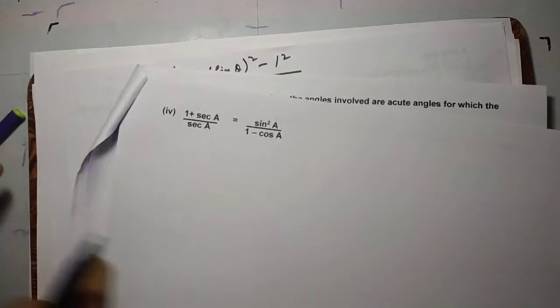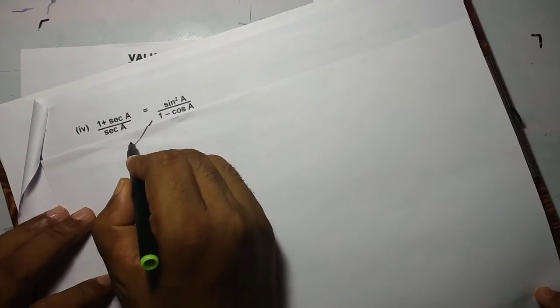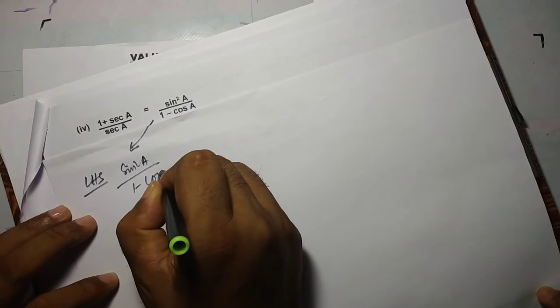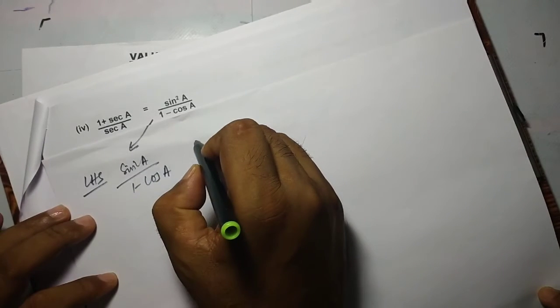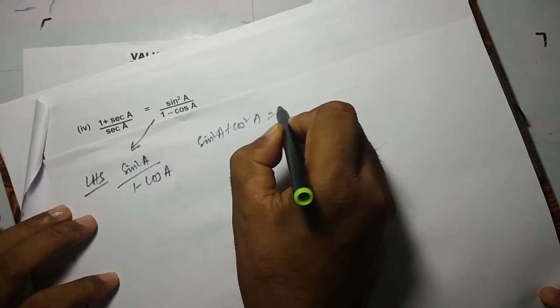Now question number 4. Let's take the LHS: sin square A over 1 minus cos A. So we know sin square A plus cos square A equal to 1.